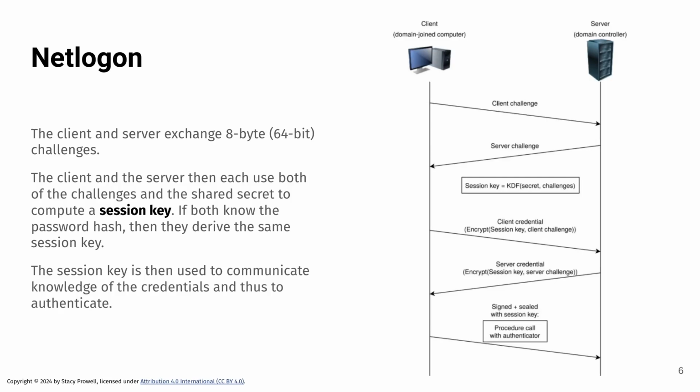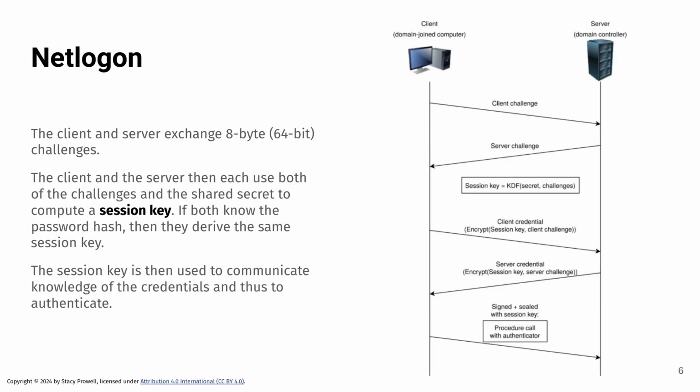So here we go. The client and the server exchange 8-byte, or 64-bit, challenges, and you can see that over here on the right. The client sends its challenge to the server, the server sends its challenge to the client, and these are different challenges, presumably. Then the client and the server each use both of the challenges and the shared secret, the hashed password, to compute a session key.